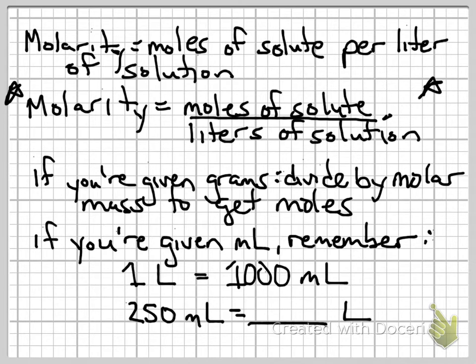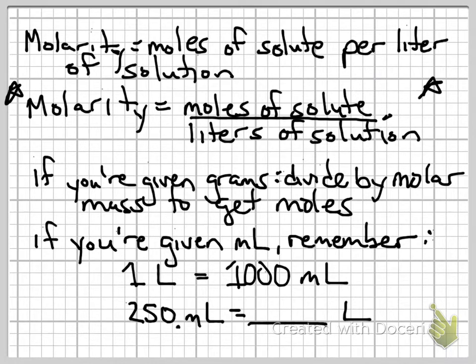Now, also, occasionally, it makes more sense for us to measure the volume in milliliters. In that case, just remember the simple conversion that we've done for really the entire year, where 1 liter is equal to 1,000 milliliters. So I've put an example down here at the bottom that would allow us to remember how to solve one of these equations. Now, in this case, if we're trying to go from milliliters to liters, we're going to move that decimal point, which right now is at the end of the number.